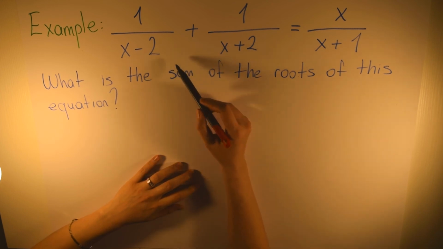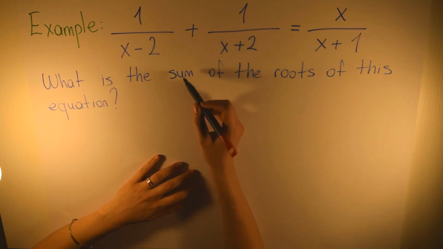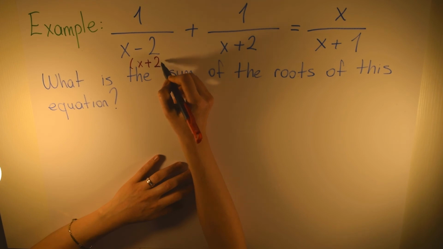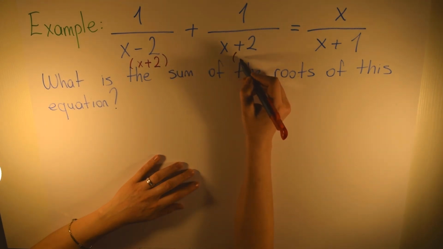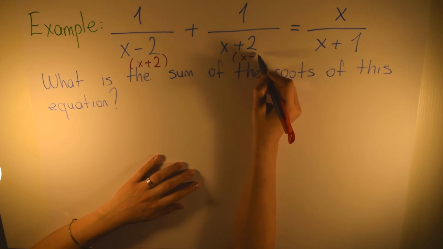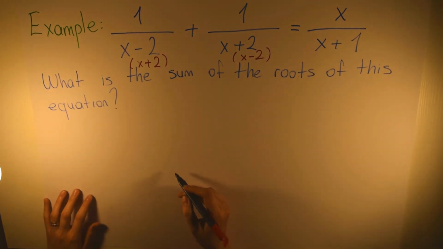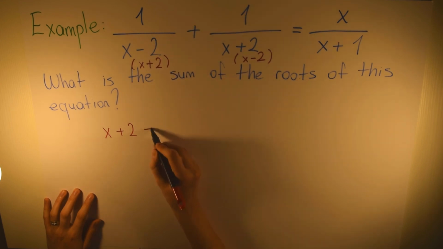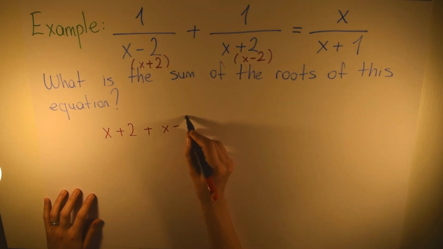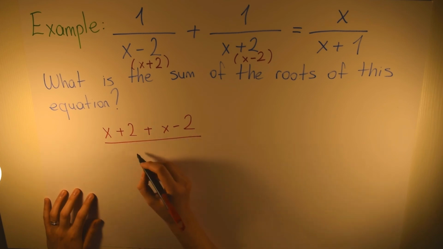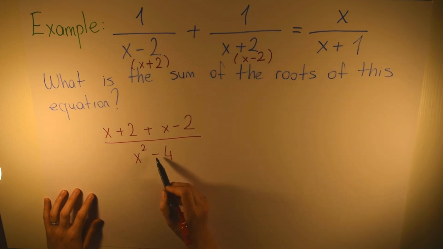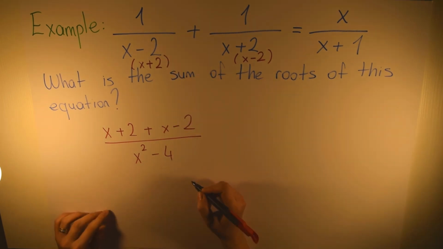I first make the denominators of these two equal to each other. So I will multiply this by x plus 2, and this one by x minus 2, and from here we will get x plus 2 when I multiply this, plus x minus 2, over x squared minus 4, because when you multiply these two you get the difference of two squares.